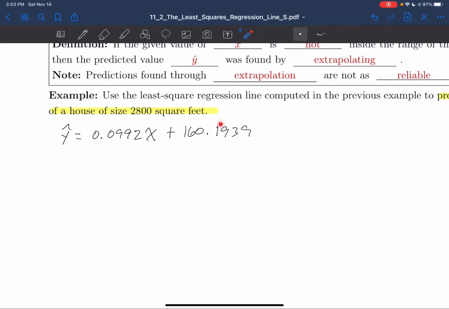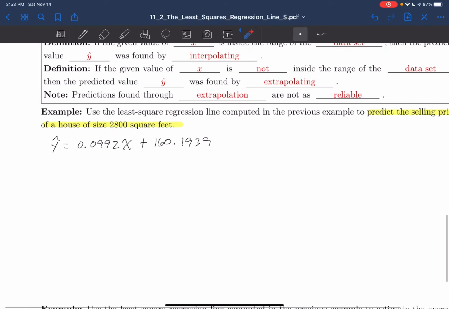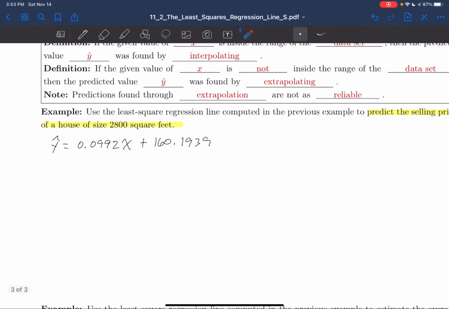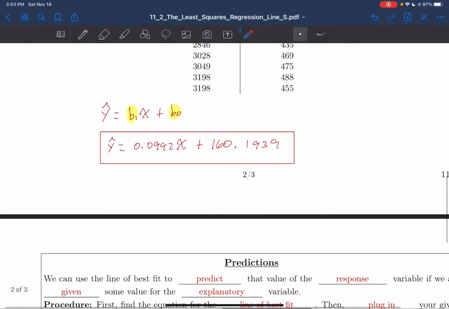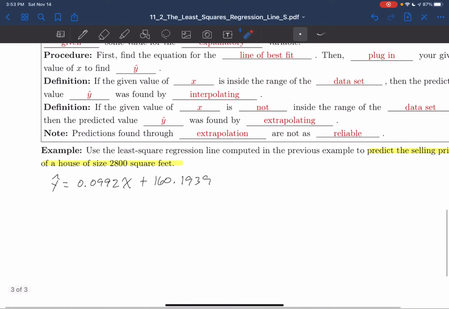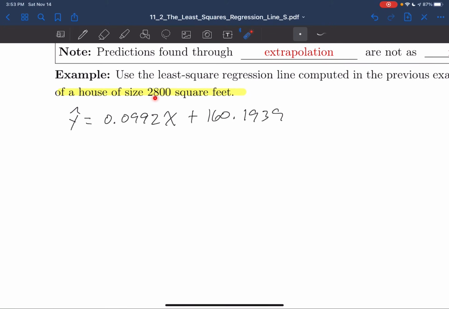So it's asking to predict the selling price of the house if we had a size of 2,800 square feet. And remember, this equation was corresponding to this data set where x is the size of the house and y is the selling price. So here we plug in 2,800 into x.